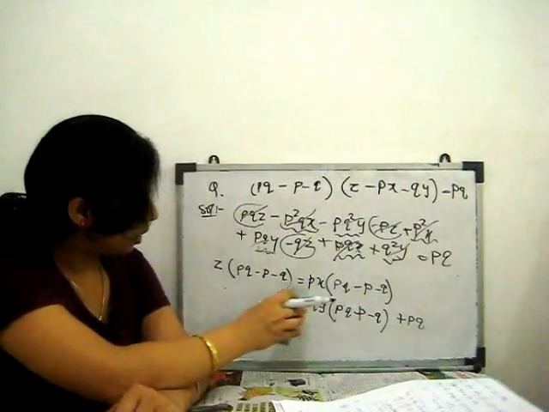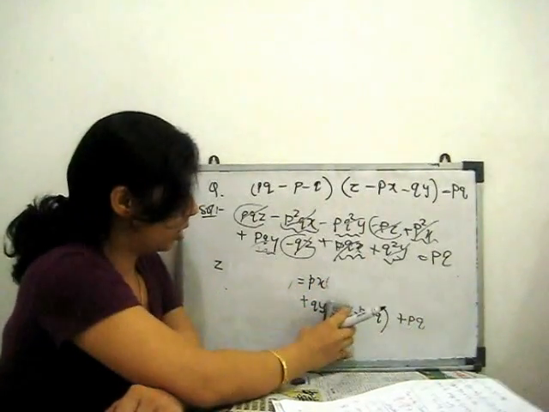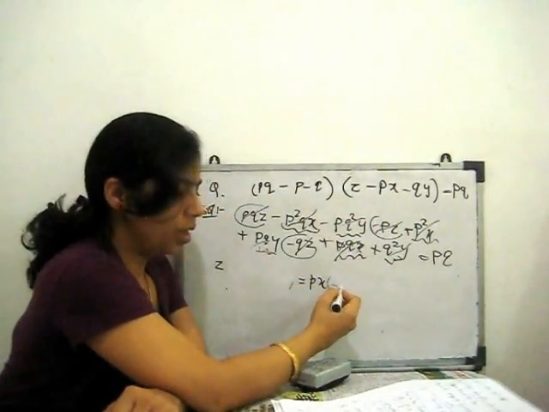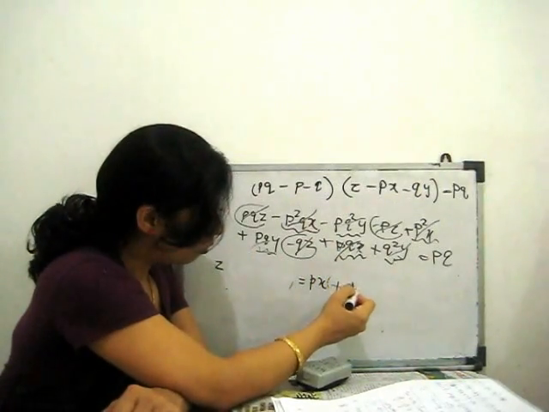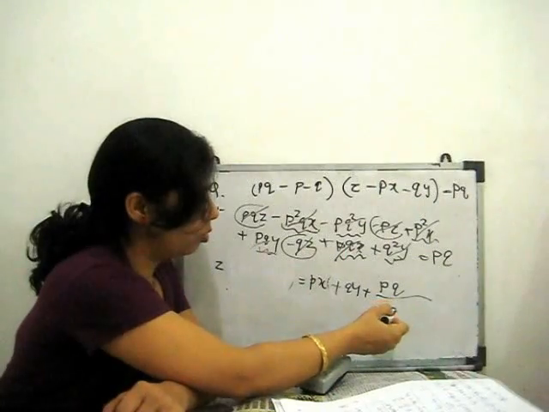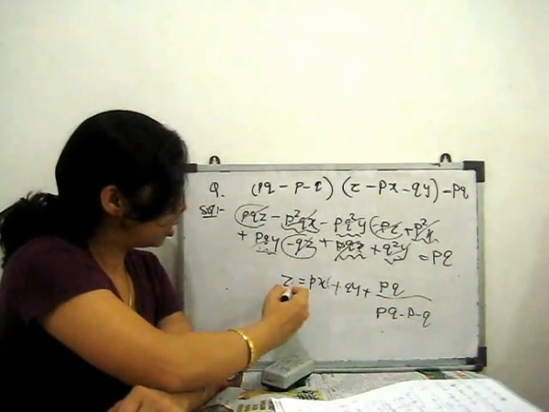When we divide, it goes from here and from here, and it will remain px plus qy plus pq upon (pq minus p minus q) equal to z.